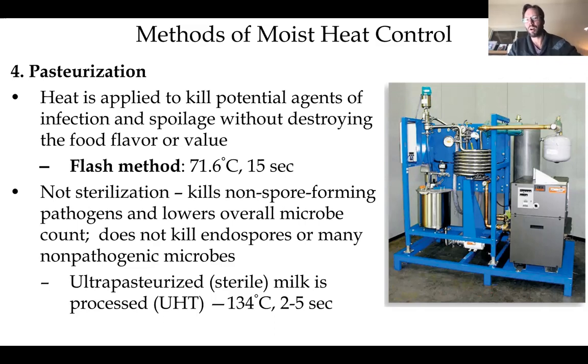Do I care if you know that it's 134 degrees for 2 to 5 seconds? Not so much. What I want you to know is the difference between pasteurization, tyndallization, autoclaving, and ultra pasteurization. Know that ultra pasteurization is a much higher temperature than pasteurization, for a shorter period of time. Okay.